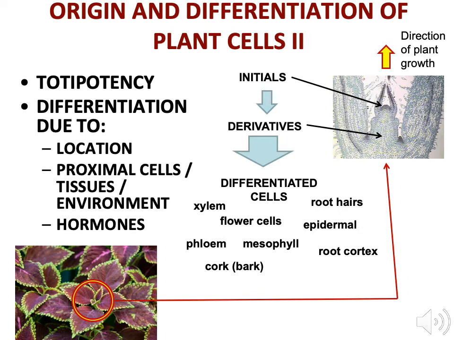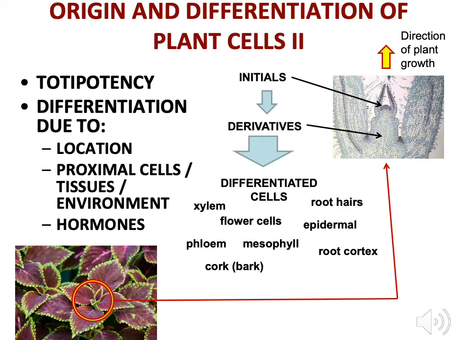So for example, one stem cell might be able to give me 3 different types of blood cells, but won't be able to get me a muscle cell and won't be able to get me a bone cell. So there's a little bit of a limitation with animals, but the sky's the limit as far as plants go. Plant cells demonstrate totipotency.